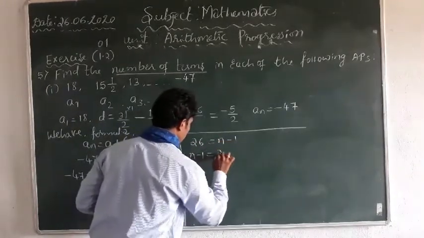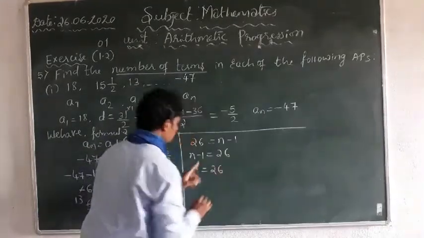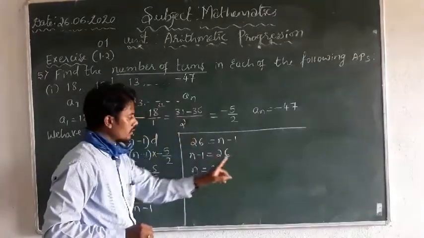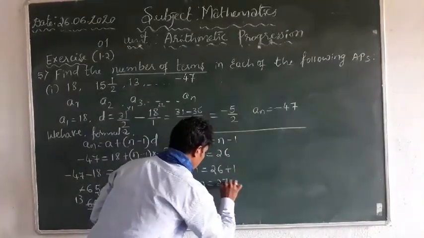N minus 1 is equal to 26. n is equal to 26, minus 1 transposed to the right side, plus 1. n is equal to 27.